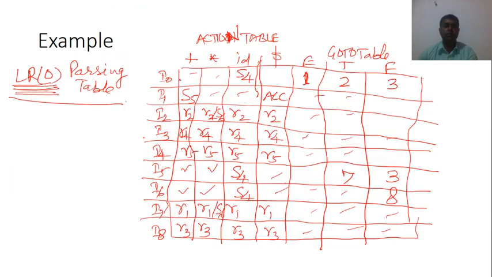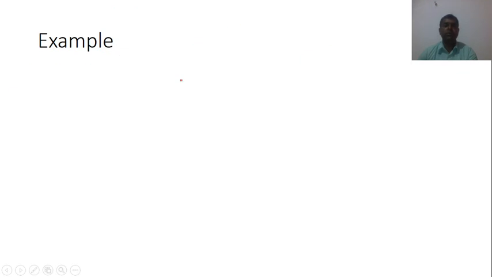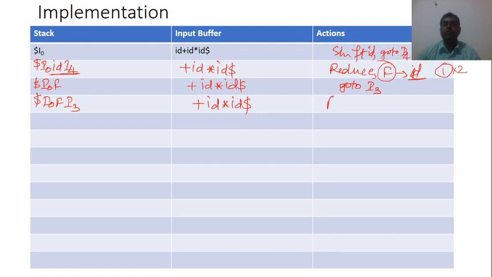T goes to F. How many symbols are present on the right side? 1, 1 multiplied by 2, 2. Pop 2 symbols from here and put T in place of that. So now it becomes $ I0 T, and here it becomes plus ID asterisk ID $.